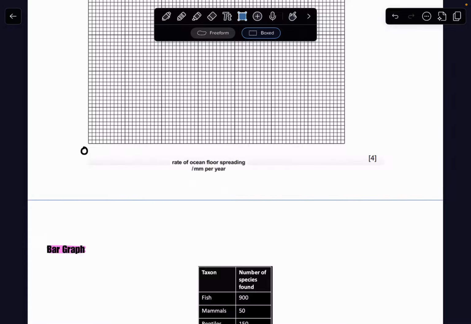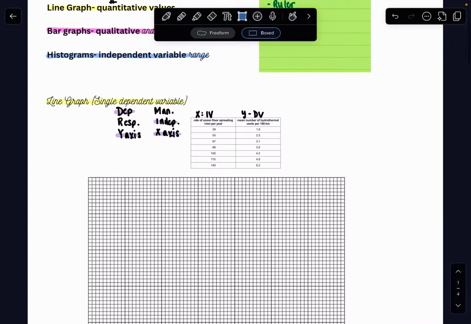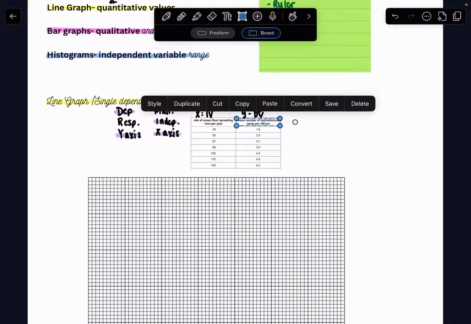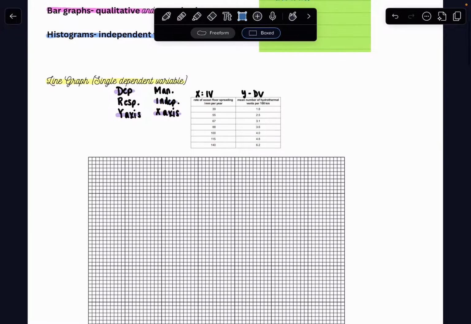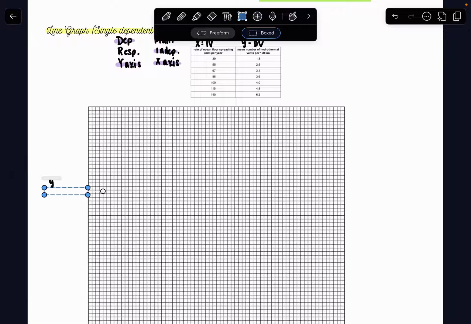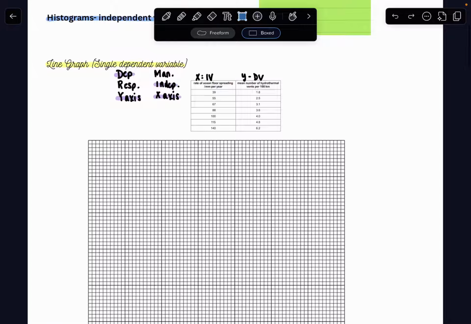Do not change anything. I also want you to title your y-axis right now to make sure that you don't forget when you go to scale. Yes, copy it exactly. Mean number of hydrothermal vents per 100 kilometer squared. So yes, you need to copy it exactly.